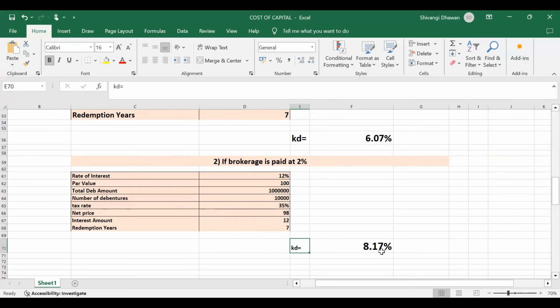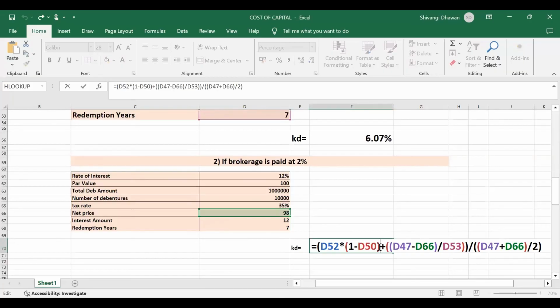So D52, that is your 12, into 1 minus tax rate, plus 100 minus 98 divided by 7, whole divided by 100 plus 98 divided by 2. Here D47 represents your redemption value and D66 represents your net proceeds. By this, you can calculate your cost of debt.